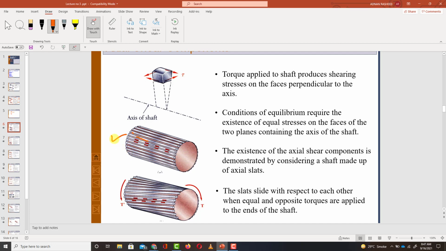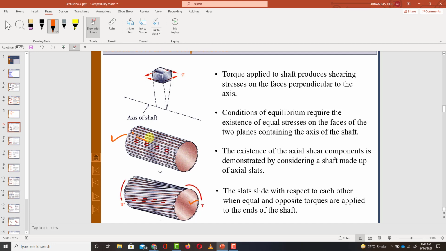When this shaft is subjected to torque loading, with external torques applied on both ends, and these torques are opposite, it will create a twist in the shaft. You can say it will create shear strain, because there is angular deformation.